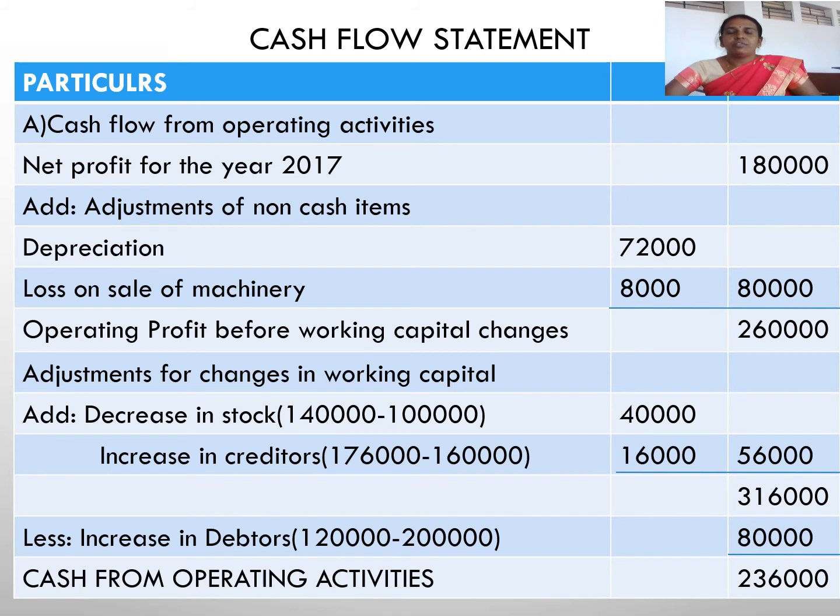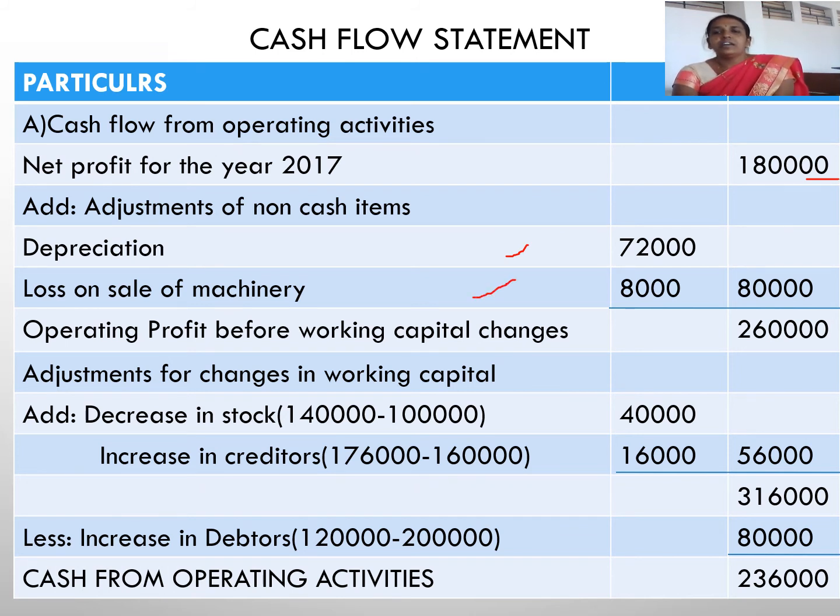First, take the first one, that is cash flow from operating activities. In that, the first item is net profit for the year 2017, that is rupees 1,80,000, as it is given in the problem. Then next you have to make an adjustment for non-cash items, that is depreciation and loss on sale of machinery.